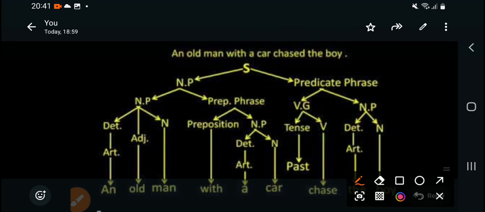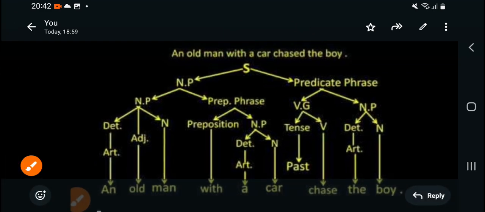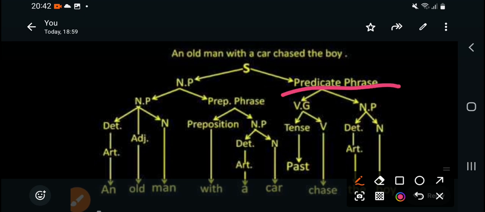I am not going to explain many a time. This is a noun phrase and this is the predicate phrase. Why predicate phrase? This is not a verb phrase, right? With a car, right? The sentence might be like this: an old man chased the boy. If it is an old man chased the boy, then it will be a verb phrase. But here it is with a car, that's why it is predicate. It is a predicate phrase, right?